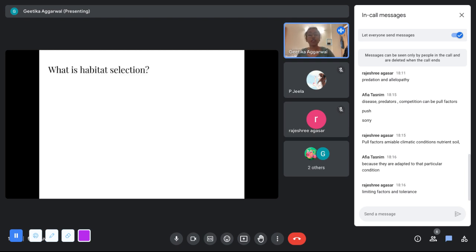Now, can you tell me what habitat selection is? Or what do you mean by habitat selection, or when a species is preferring a certain habitat?